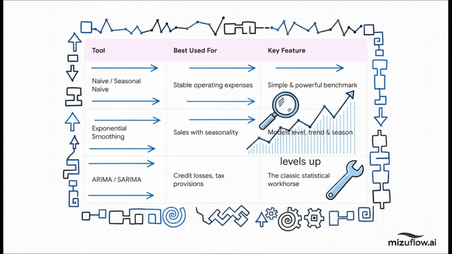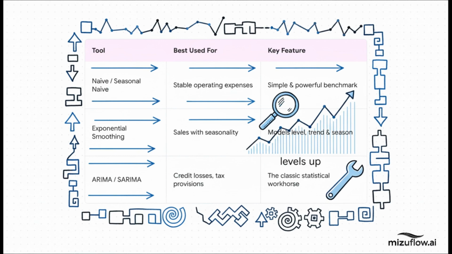So this gives you a fantastic bird's-eye view of those core tools. You've got the Naïve model, super simple, basically says, next month will be like last month. Sounds basic, right? But it's perfect for really stable costs. Then, exponential smoothing kicks it up a notch, bringing in trends and seasonality, which is great for sales forecasts.